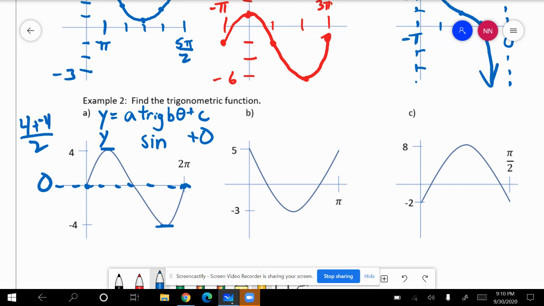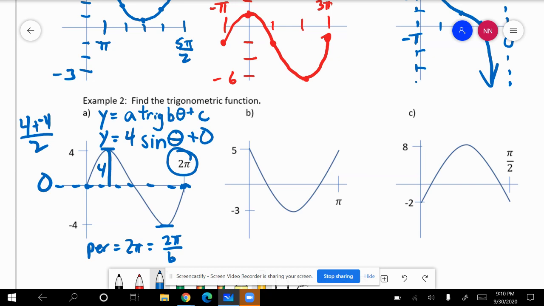From the middle, our midline, to the peak is a distance of 4. So I'm putting 4 sine. And notice that my period is 2 pi because that's when it completes the full cycle. And the formula is 2 pi over b. So that means my b value, or my frequency, has to be 1 for that equation to work. So it's just theta.